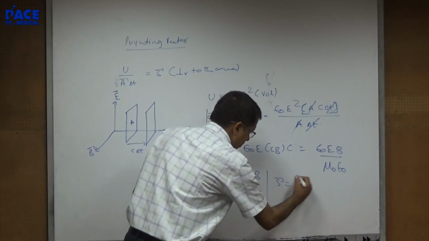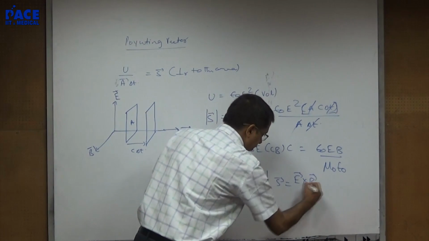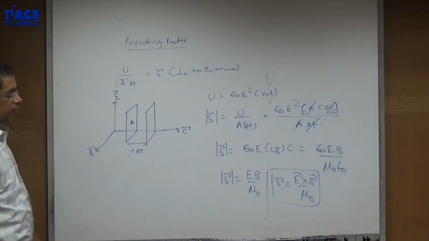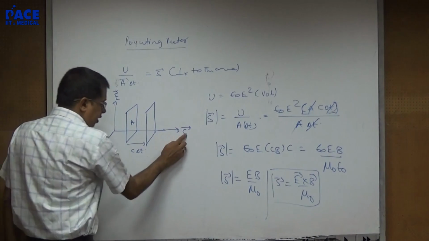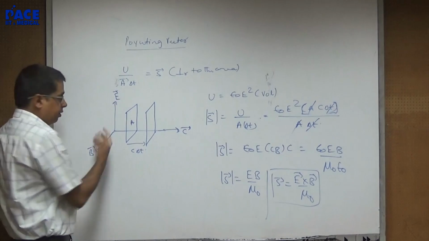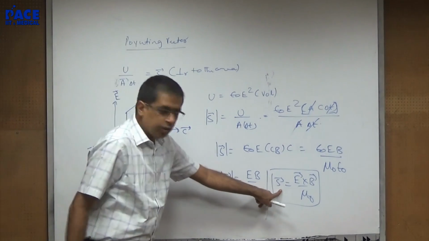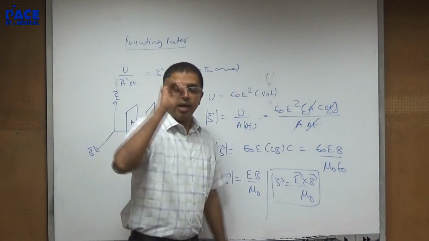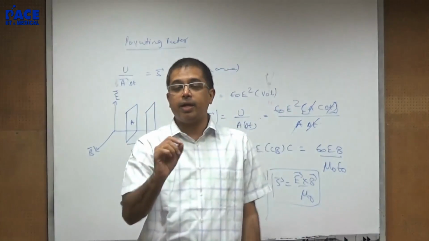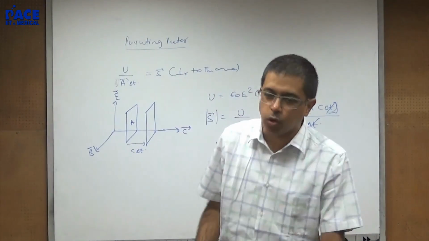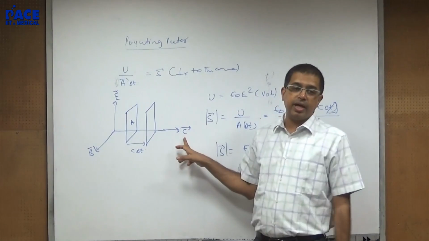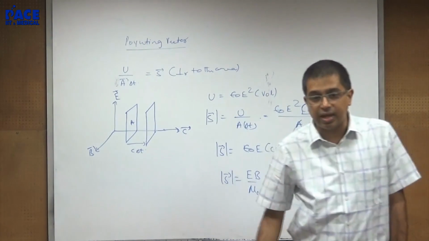The vector will be E cross B upon mu naught. You can see the electromagnetic wave is going perpendicular to the direction of the electric and magnetic fields. So the Poynting vector defines the energy carried by the electromagnetic wave perpendicular to both E and B, to the plane containing E and B. This will be the direction in which the electromagnetic wave will travel.